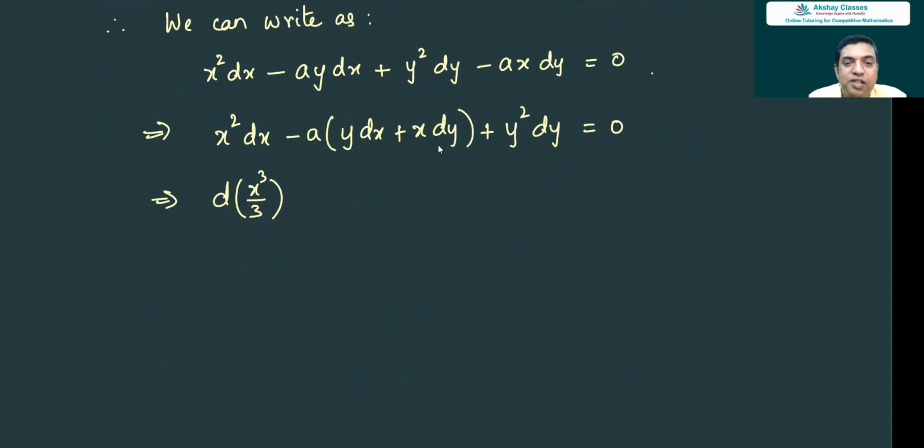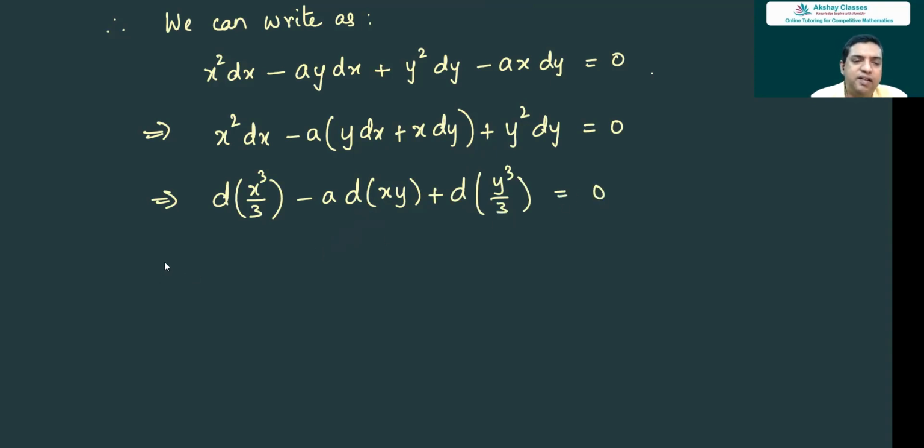Now this y dx plus x dy is the same as the differential of xy, applying the UV rule: derivative of the first function, keeping the second as it is, that is y dx, plus keeping the first function as it is, derivative of the second, x dy. And y² dy will be the differential of y³/3.